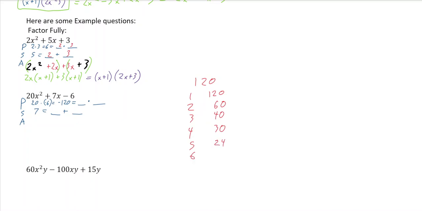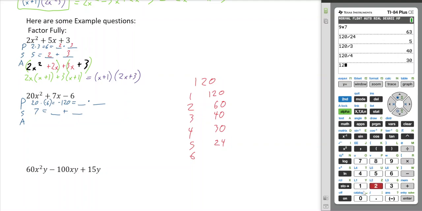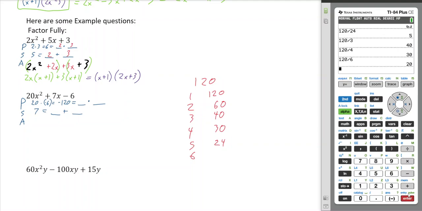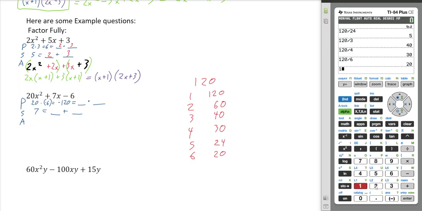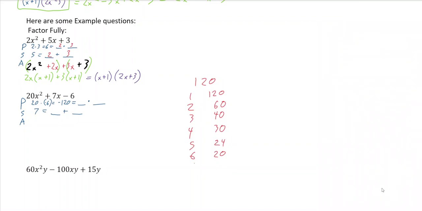Okay, 6 and what? Ooh, this is likely to be correct. 6 and 20, nope. 7 doesn't work though, I think. Nope. 120 divided by 8. Does that one work? 15. Oh, there you go. 8 and 15.